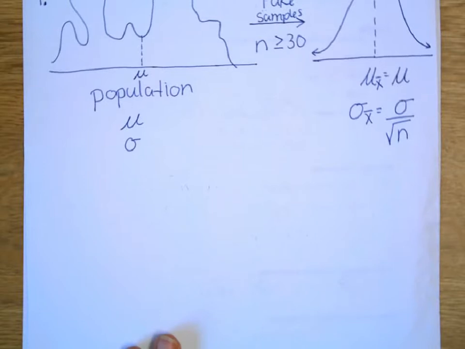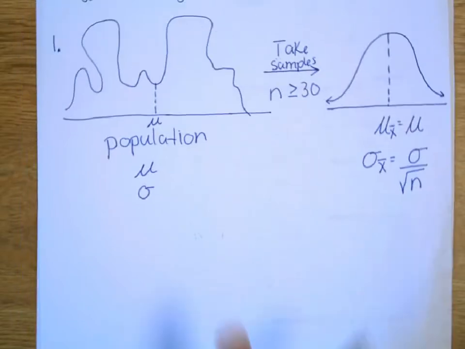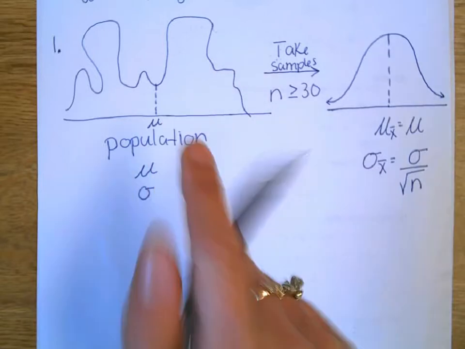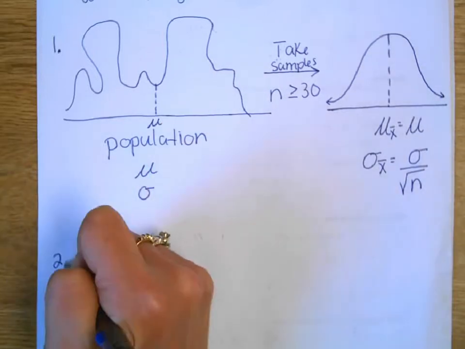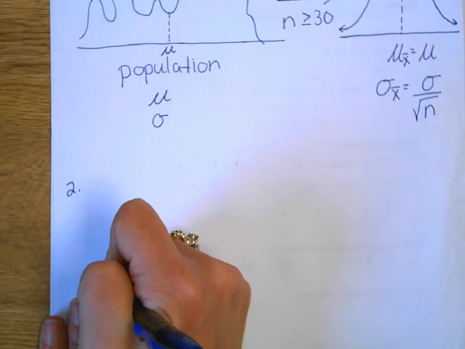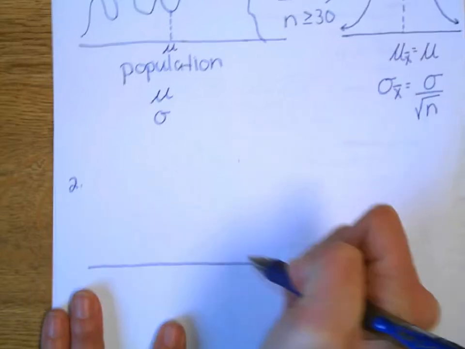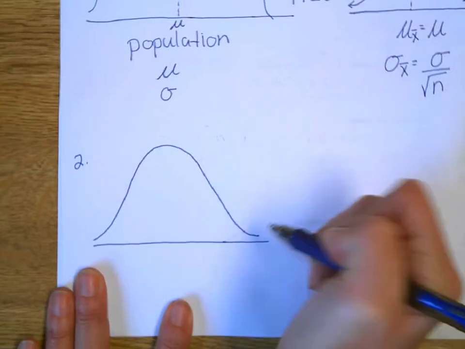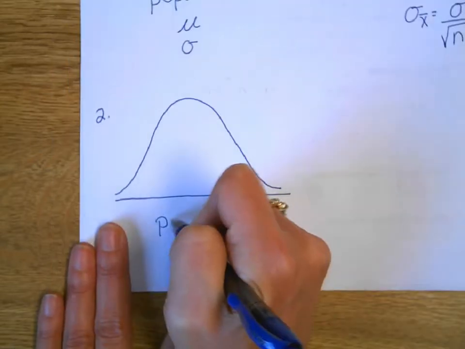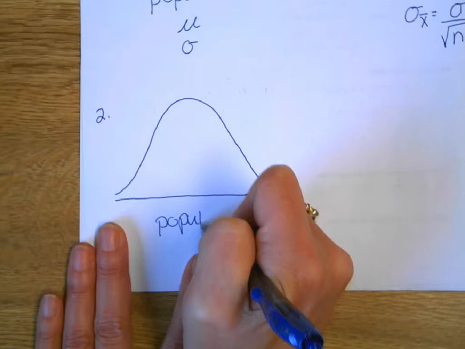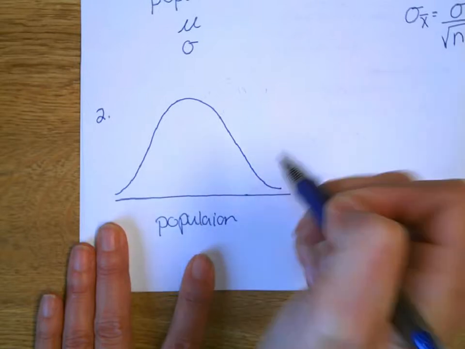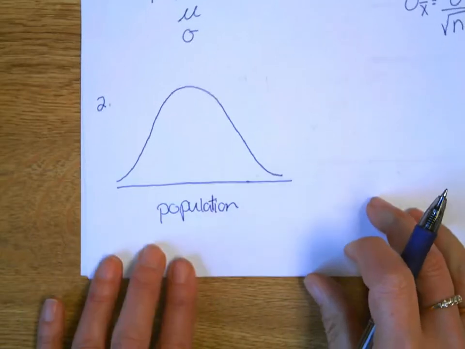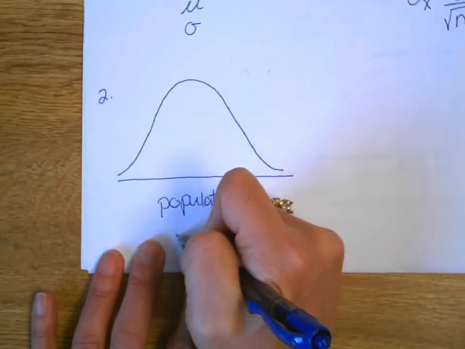All right, there's a second situation though. Maybe you do know your population is normally distributed to start with. So this is the second case. If my population is normal, it will have a mean and standard deviation.